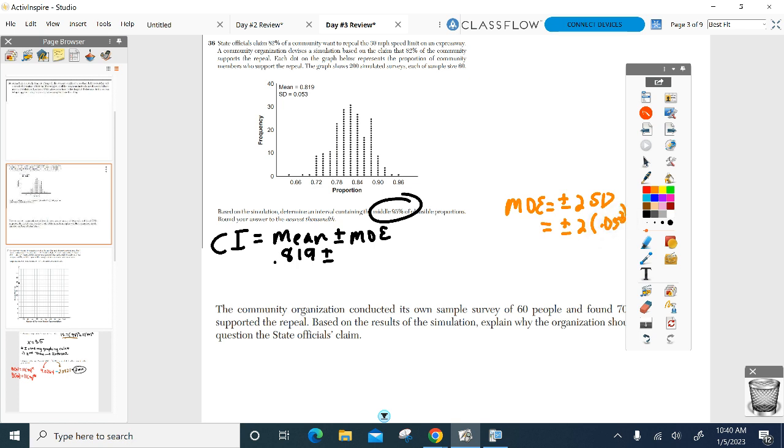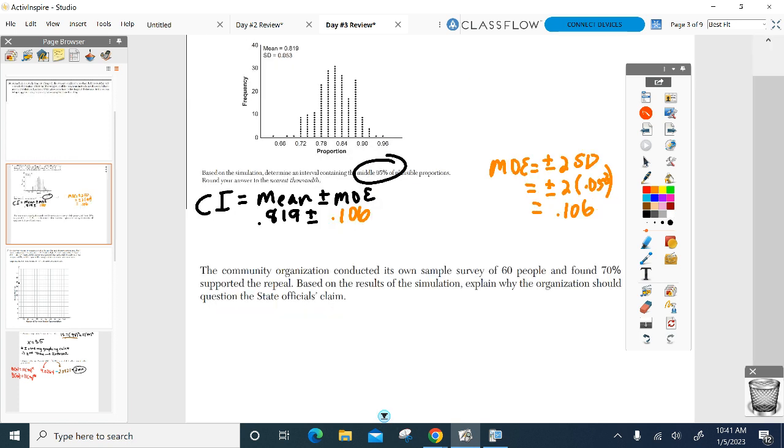You guys go to your calculator, you do 2 times 0.053, and that gave me 0.10. I didn't do it that way, so I didn't actually calculate it. What is it, 0.1? 0.106. Okay, there you go. So that's what gets plugged in here. All right, now how do I use these numbers to find my confidence interval?